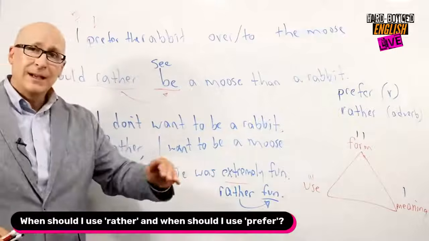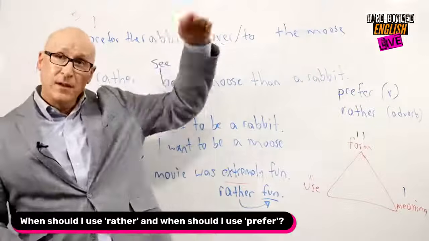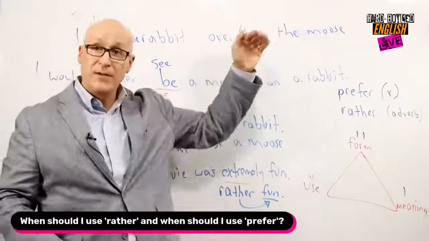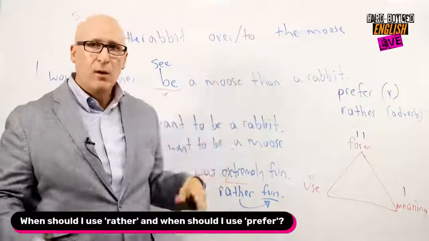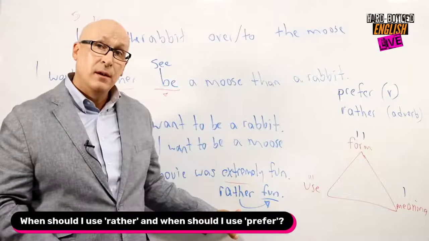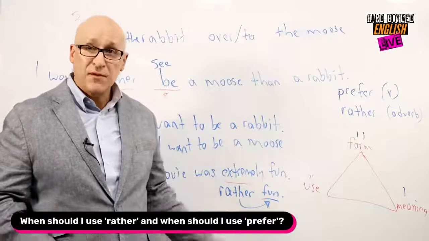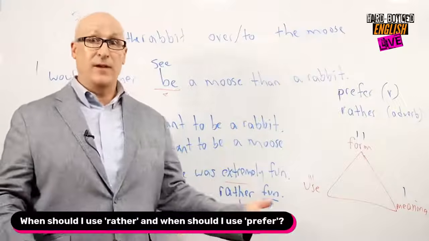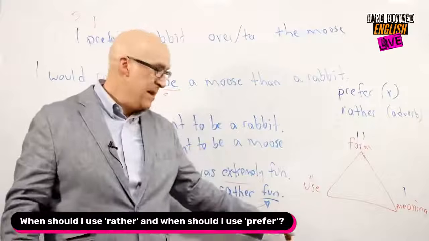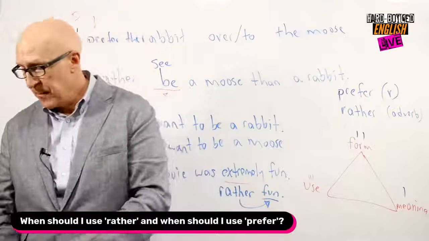So rather does the opposite of intense. We say it was really fun. It was very fun. It was extremely fun. It was incredibly fun. Or we can go the opposite direction and say, yeah, it was rather fun. Right? Not a big deal. It was fun, but not super fun. It was rather fun. That tones down the meaning of fun.